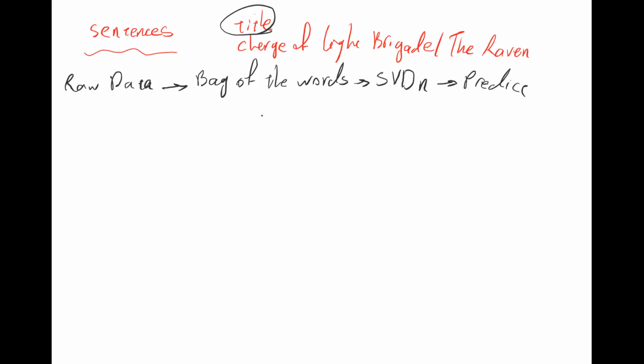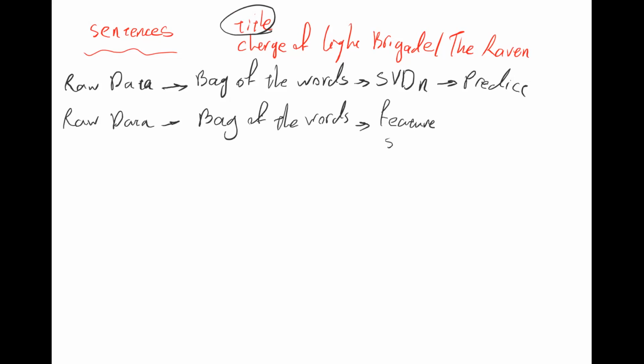The second approach could be you take raw data, convert to the numerical equivalent of bag of words, then feature selection, then you predict. As you see, in these two approaches almost every step is the same except for feature reduction.